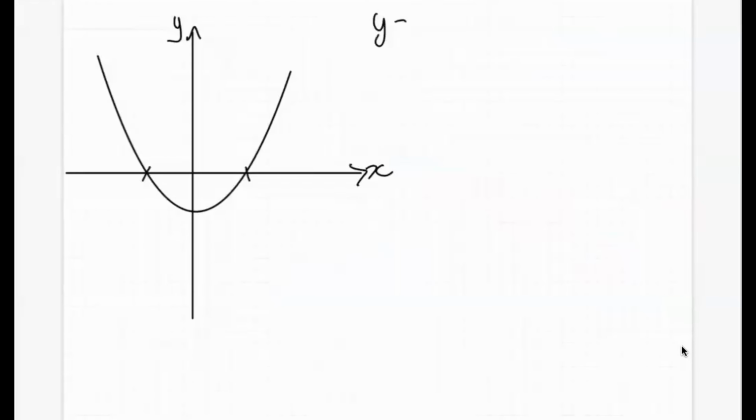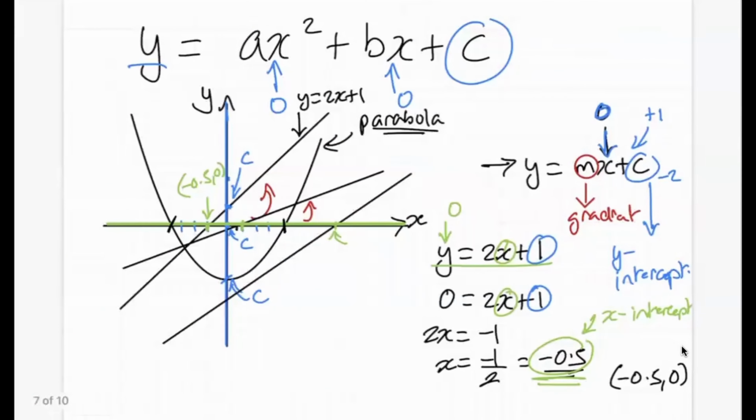So if we had y equals ax squared plus bx plus c, the blue is where the graph crosses the y-axis, that's the y-intercept, and we can figure that out by setting x equals 0, right? And we can work out the x-intercepts by doing the exact same as we did for the linear equation over here.